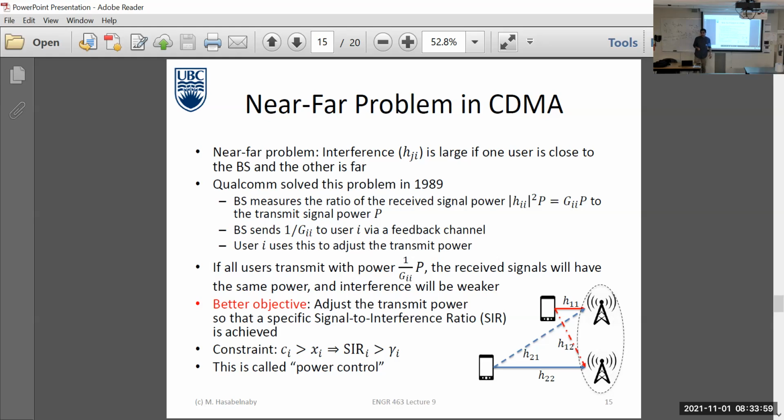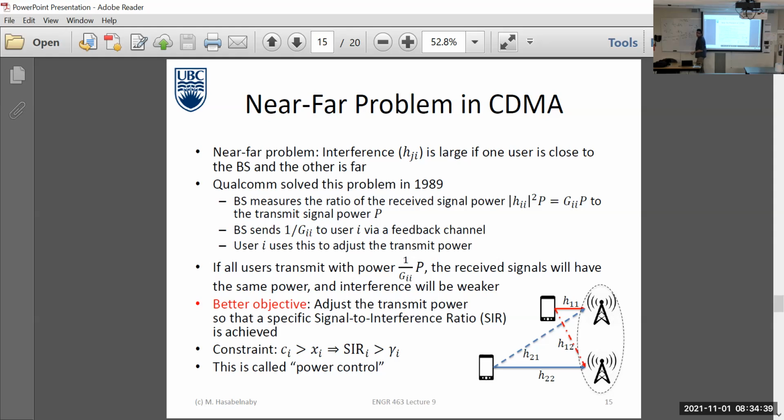Okay, how can Qualcomm solve this problem? At first, the base station will calculate the ratio between the received power and the transmitted power, for each user. So the received power for the signal of user 1 will equal H11 squared multiplied by the transmitted power.